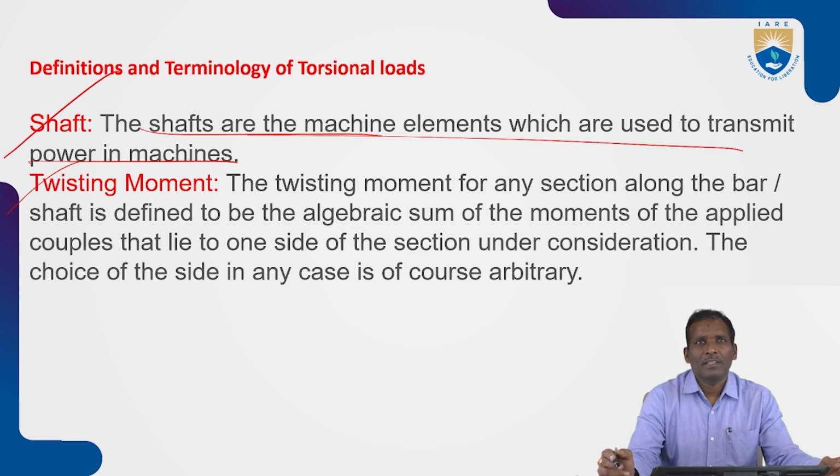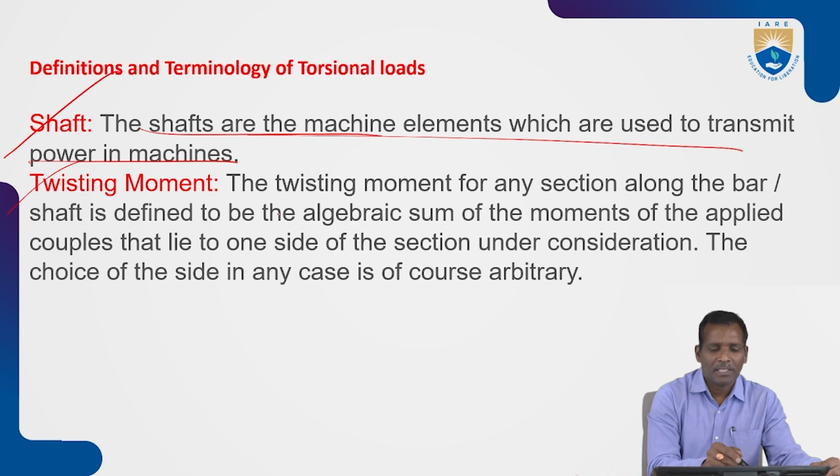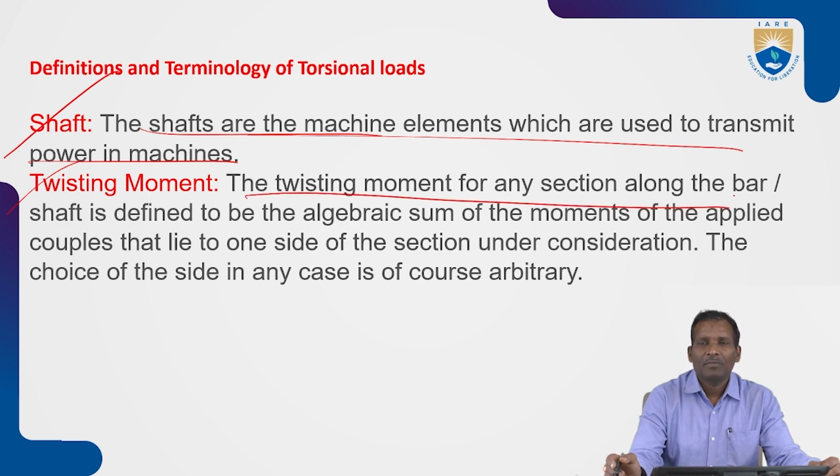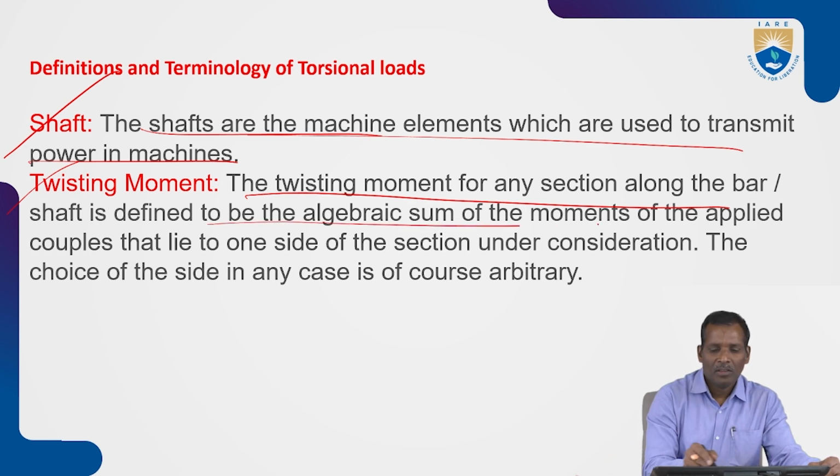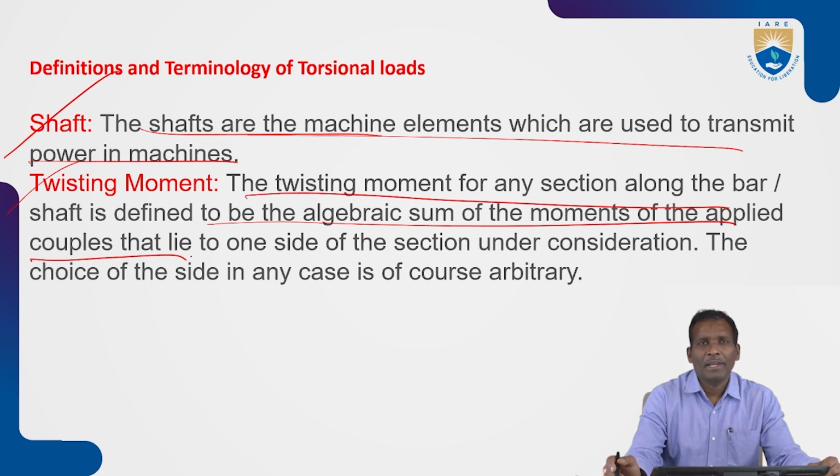The twisting moment. The twisting moment for any section along the bar, the shaft, is defined to be the algebraic sum of the moments of the applied couples that lie to one side of the section under consideration.